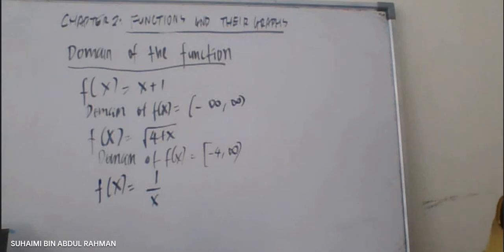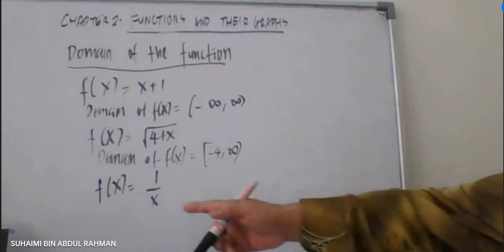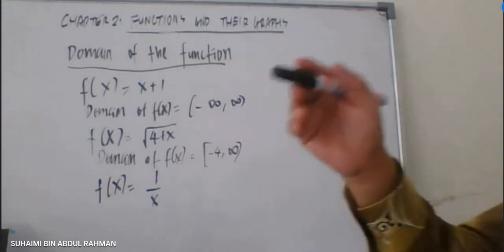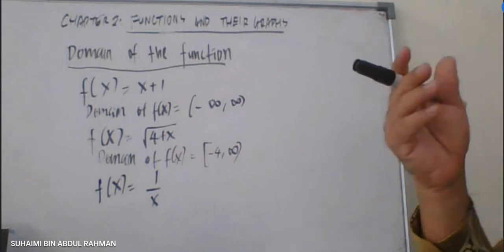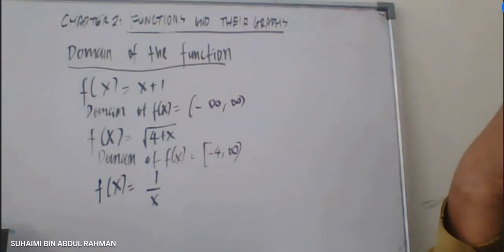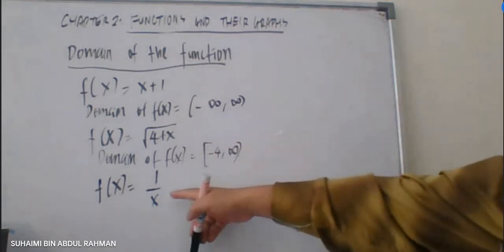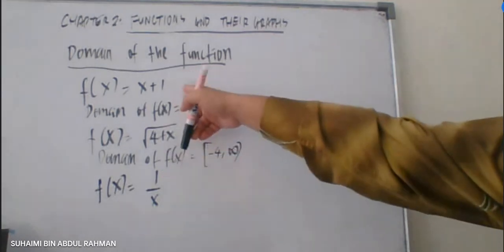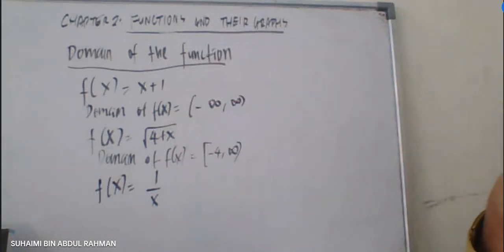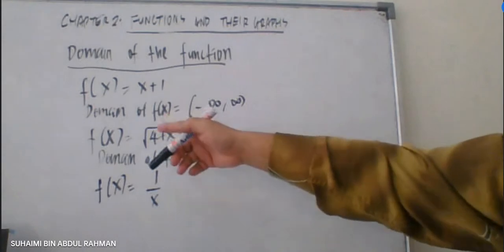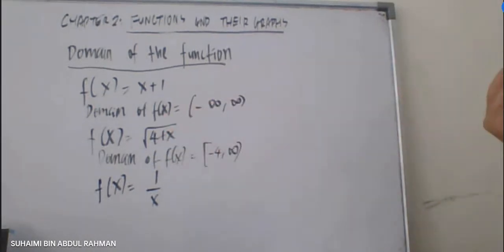Every number except 0, because we cannot put 0 there. If you put 0 there, the function will be undefined. The case when 0 appears in a denominator matters, but for the earlier cases it doesn't, because there is no denominator. We only have to make sure that inside the square root is not a negative.